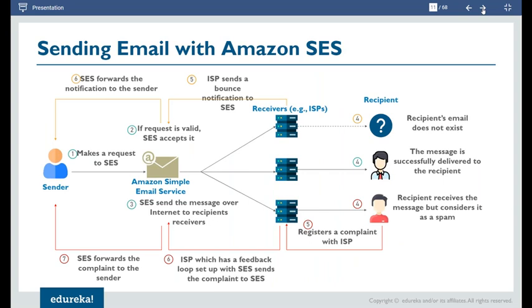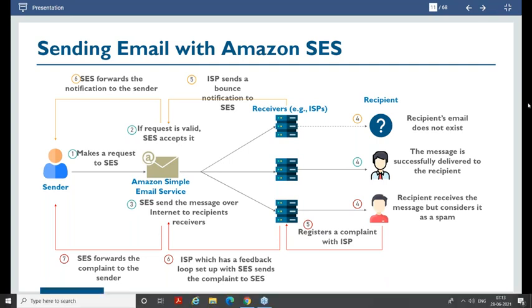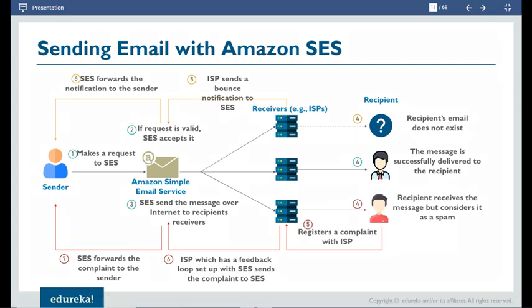When you send an email using SES, there are three possible scenarios that can take place. You send an email, the receiver receives the message. There is no further action. You send an email, the recipient's mailbox does not exist.